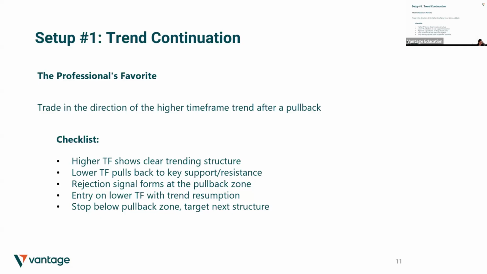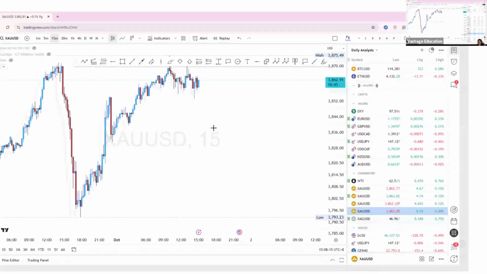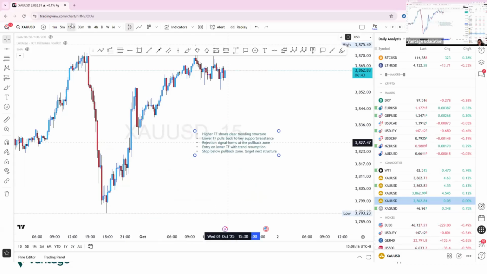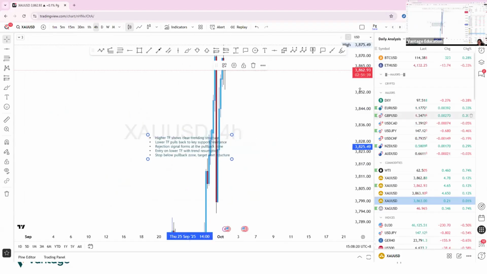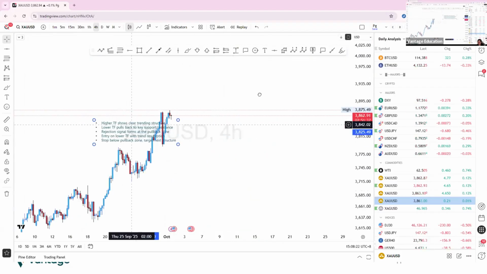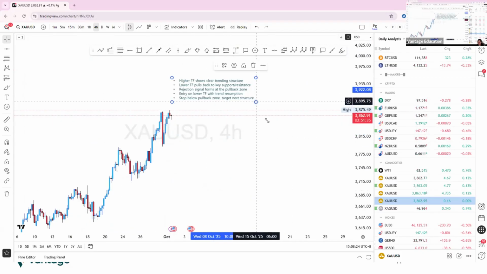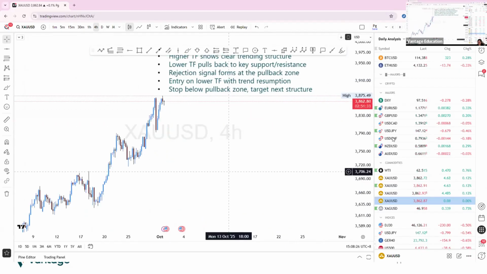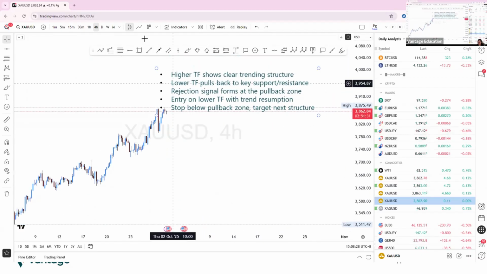Setup one, right here, the example. On the higher time frame, it is very obvious that price is in an uptrend. We know this is bullish momentum.